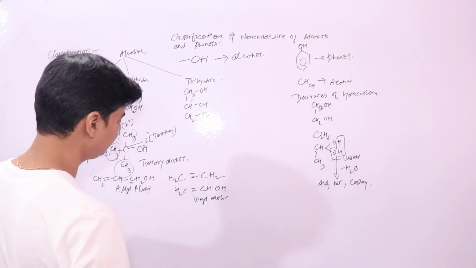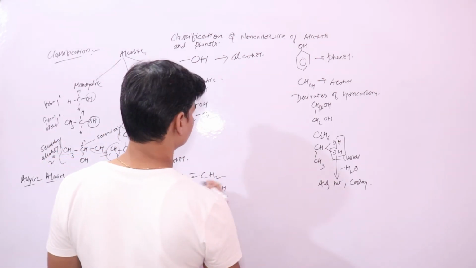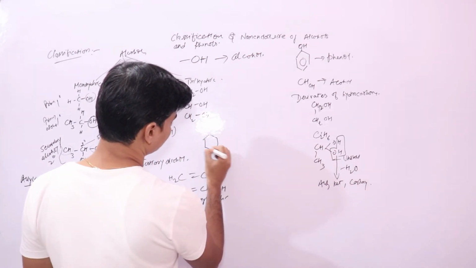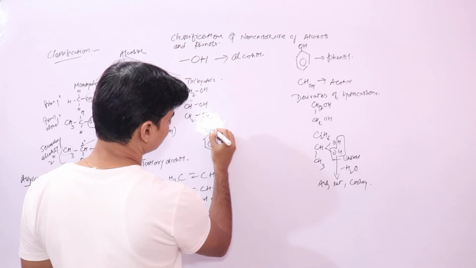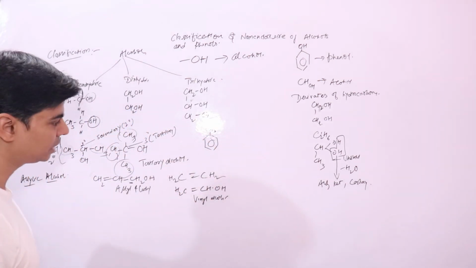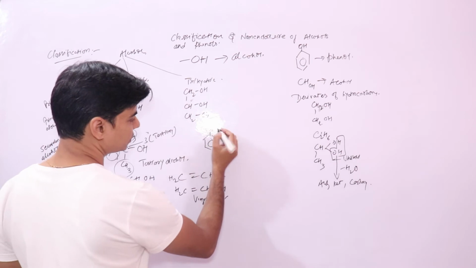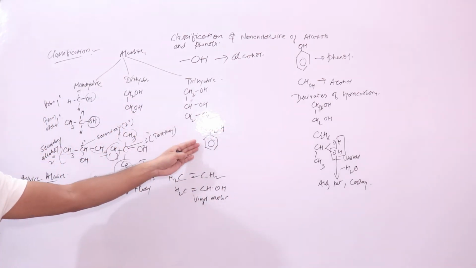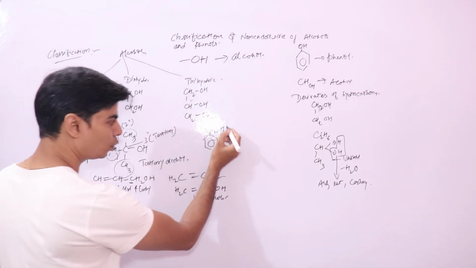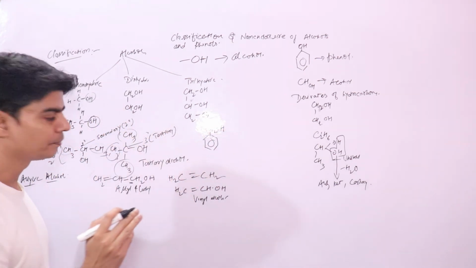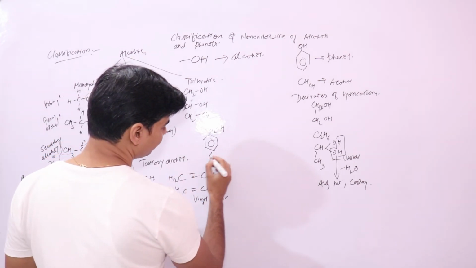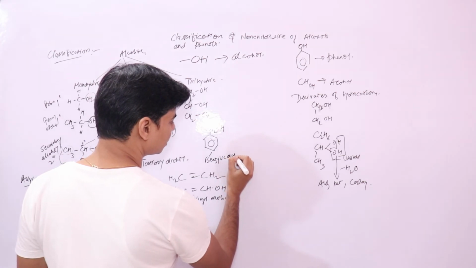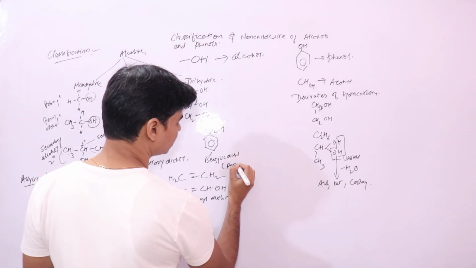Similarly, you have another alcohol like this. If this is your toluene, and I replace one hydrogen atom of the CH3 group with OH, these types of alcohol, where the OH group is present in the side chain, are your benzylic alcohols, and these are aromatic alcohols.